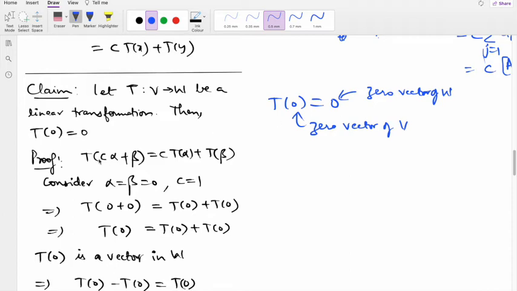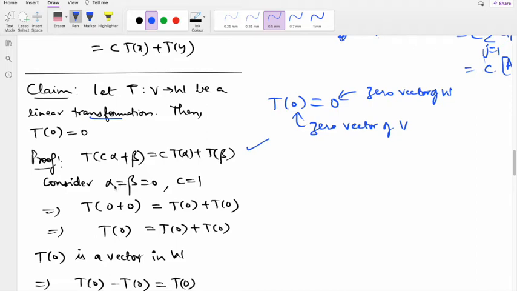Okay, so we know that it's a linear transformation, so I can say that T of (c alpha plus beta) is c times T alpha plus T beta, which is fine, right? Now this is true for all alpha, beta. It's also true for all scalars. So I will choose alpha and beta to be 0 and c to be equal to 1.